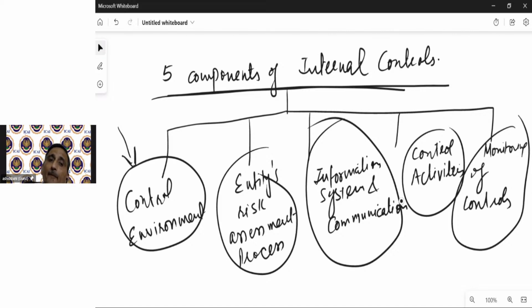But say if the concerned promoters are violating SEBI regulations regularly, or if the company is in the habit of violating laws, say I am a company and I deduct TDS from various vendors, from the persons from whom I am outsourcing some things, and I do not deposit it with the government in a routine manner.